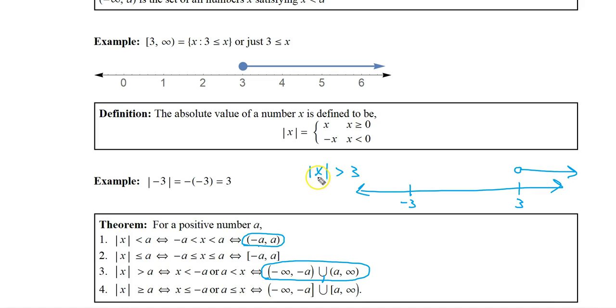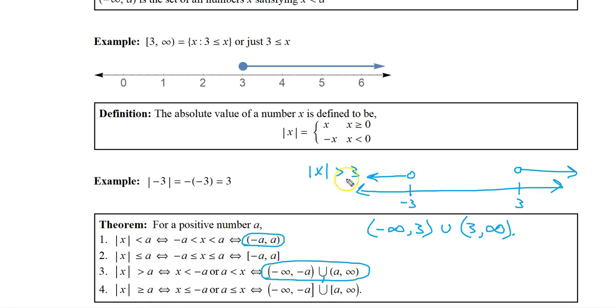If I put -4 in for x, the absolute value of -4 is +4, which is bigger than 3. So it's also going to be all of these numbers, from -3 to -infinity. So the solution, rewritten in interval notation, would be all the numbers from -infinity to -3, along with all the numbers from 3 to +infinity.